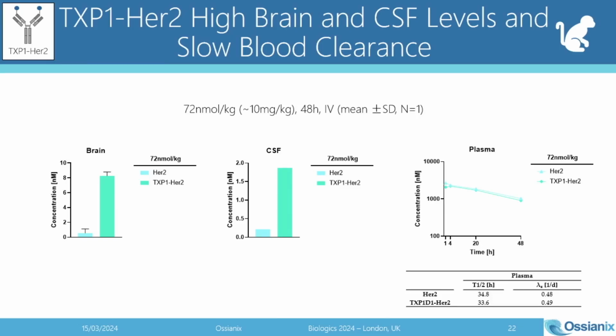Basically, the elimination rate and the slope of elimination for HER2 antibody is the same as for TXP1 HER2, so there's no major disposition of that antibody to any other organs. So that confirms our biodistribution, that shows the specificity to the brain. And also that can be assured when you calculate volume of distribution upon infusion, which is practically the same for HER2 and TXP1 HER2.